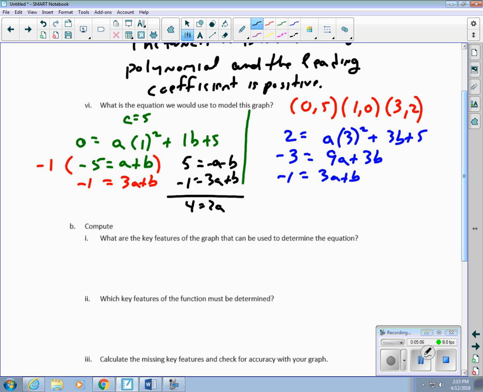Adding, 4 equals 2a, so a is 2. Then when I plug in 2 for a, I'm going to find that b is 7, so that my equation is f of x equals 2x squared plus 7x.